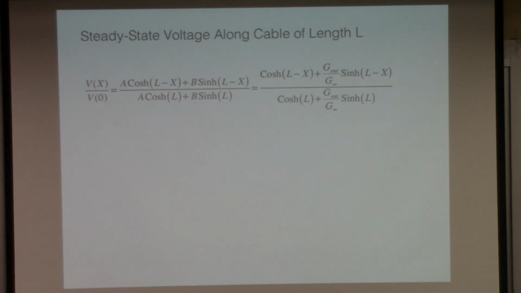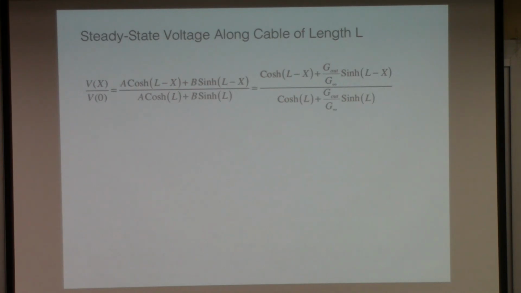That's why I've talked about the input conductance of a finite length cable, because we need it to understand how that cable responds in terms of voltage at the site where current is injected. Okay, are you with me on this? Got to tell me if you're not, because all is going to be lost as we move along, right? So if there's something you're not getting here, tell me.